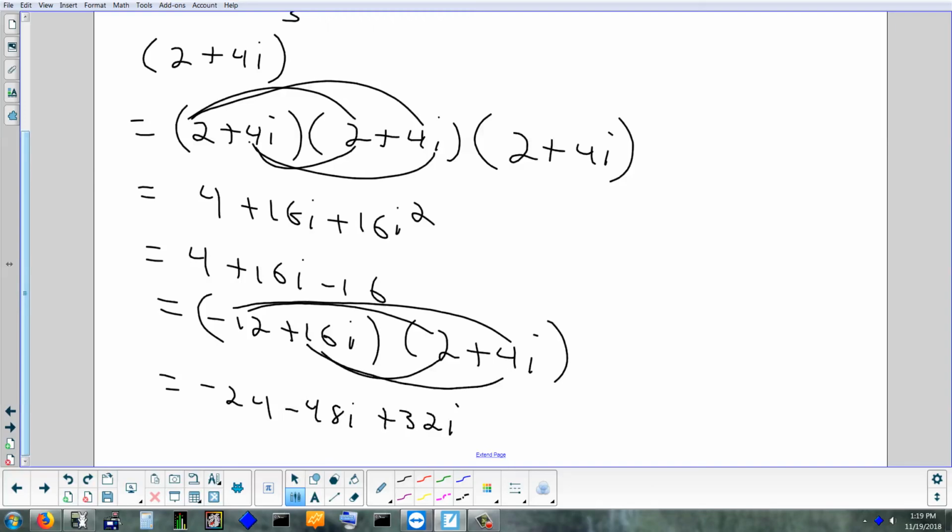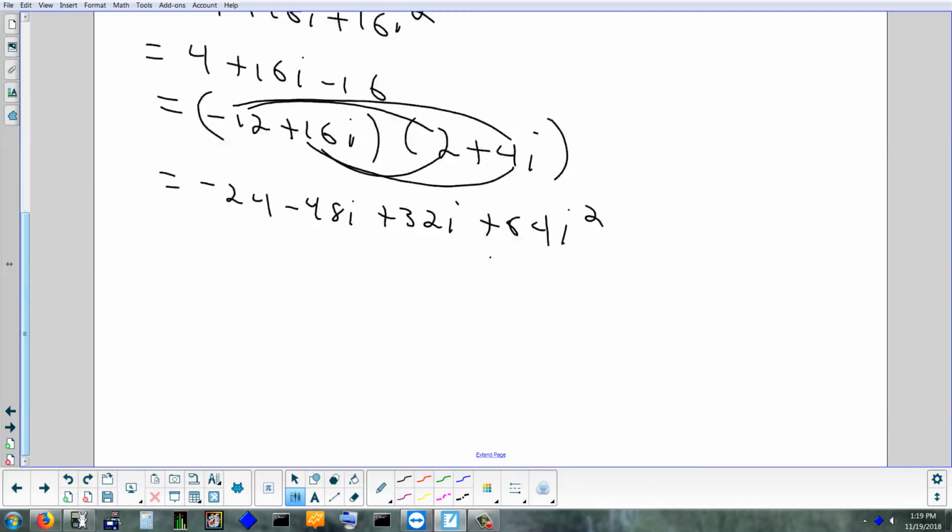And then 16 times 4 is 64. And don't forget the i times i, i squared. Okay, and now once we combine like terms, we have our answer.